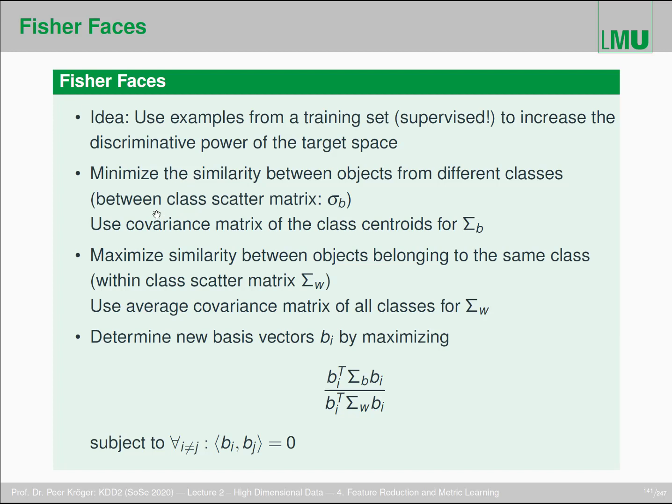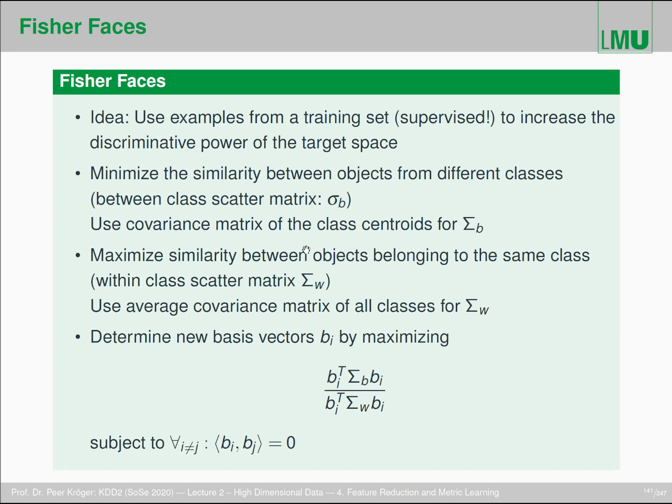Yeah, so this is the between class scatter matrix you look at, which is called sigma B, and for that you use the covariance matrix of the class centroids. Yeah, so you just take the class centroids, for each class one centroid, and then compute the covariance matrix on these centroids. Yeah, so you take the centroids as a new data matrix. If you have k classes, you just have k centroids, so k objects, and you compute the covariance matrix of these k centroids. This is the sigma B here.